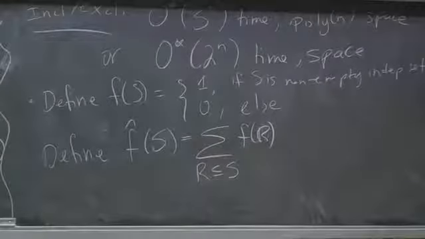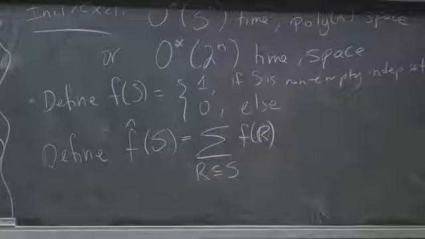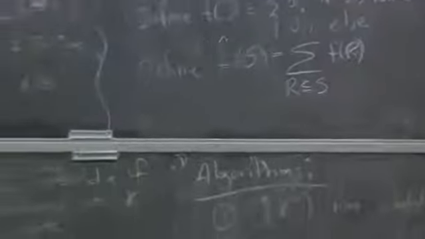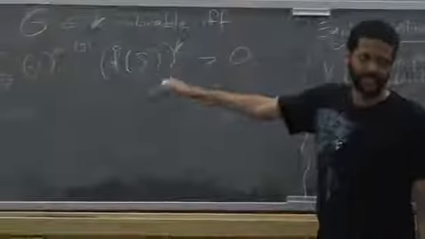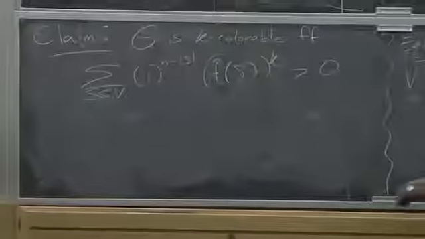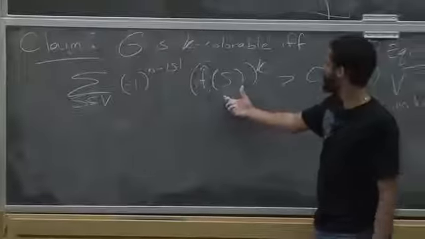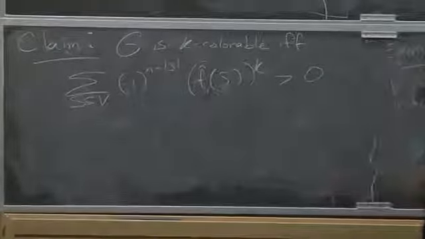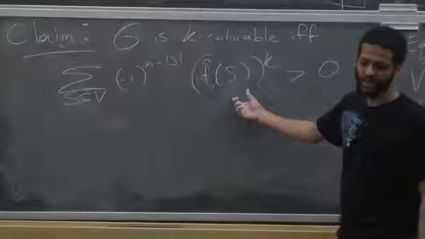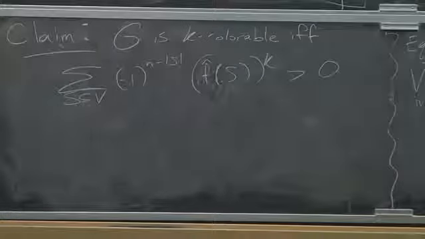Okay, I think we're basically out of time, but let me just say something. I'll maybe put the proof of this in the notes. This is almost immediate from inclusion exclusion. But the point is now you can compute all the f hat of S values in 3 to the n time and polynomial space.